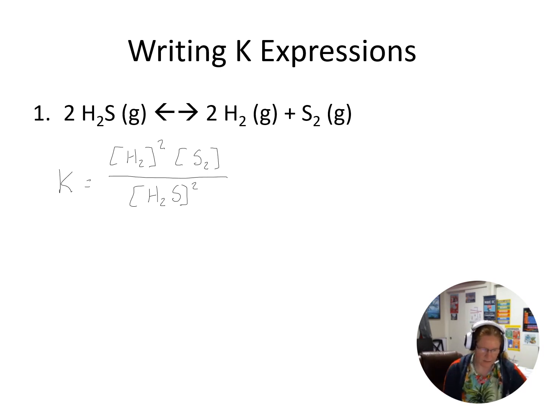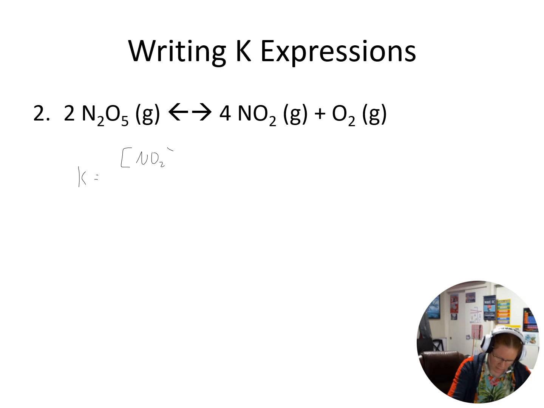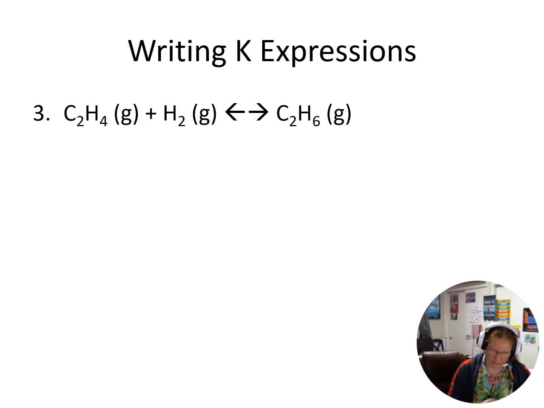Okay? So try this one. All right, let's see if you got it. So we have coefficient 4, so it's raised to the 4th. Raised to the 2nd. All right. Okay, try this one.